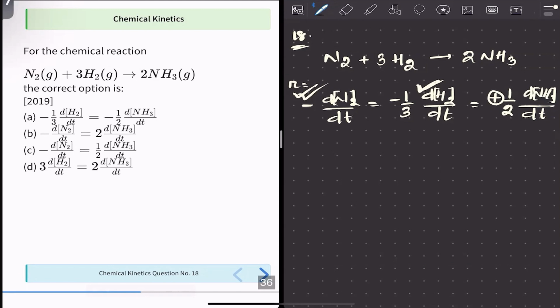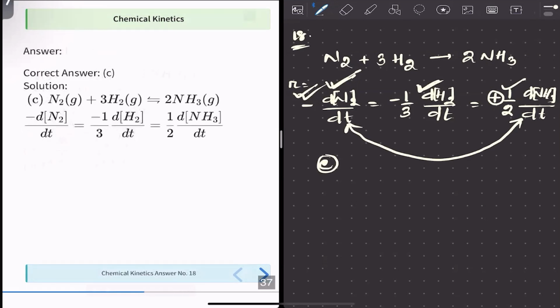Minus dN2/dt is equal to 2 dNH3/dt. It is also incorrect. Minus dN2/dt is equal to plus 1/2 dNH3/dt. Yes, they are equal, so option C is correct. So question number 18, the correct option is C.